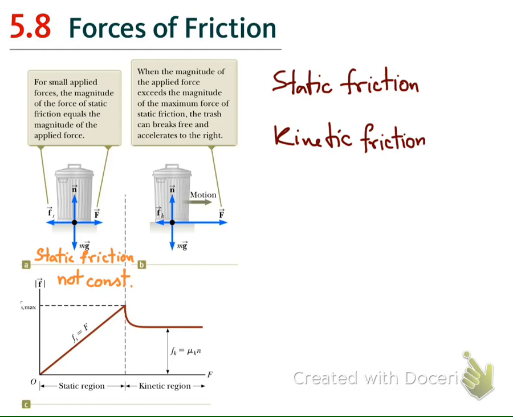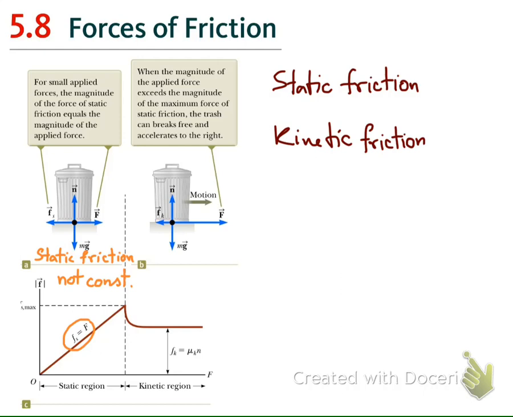So if we plot the graph between the applied force F and the static friction, we will have this line, a straight line with the slope equal to 1, because the static friction is equal to the applied force.